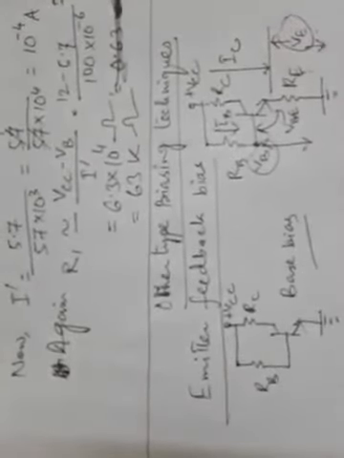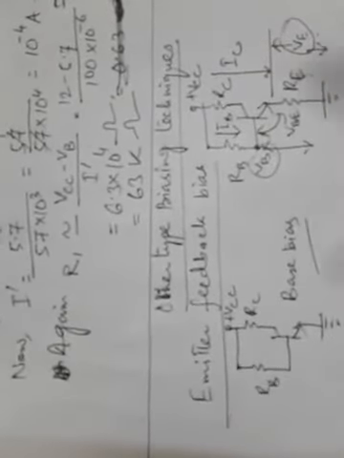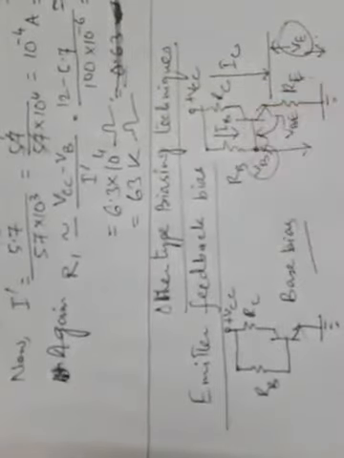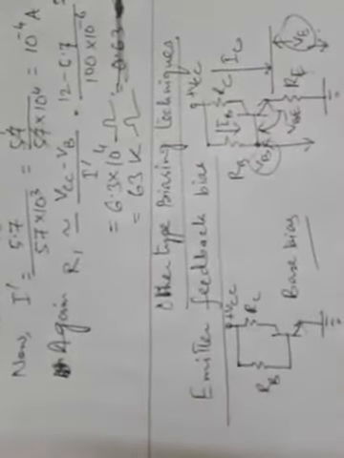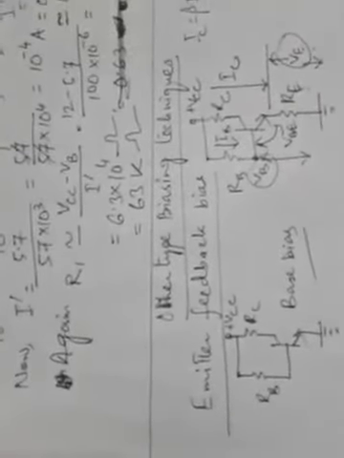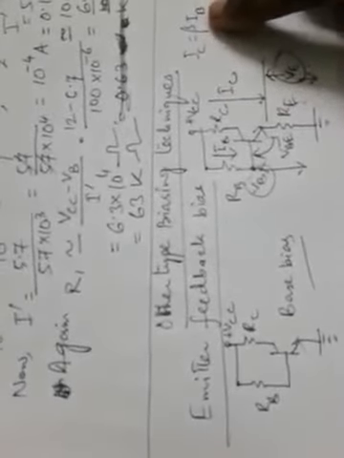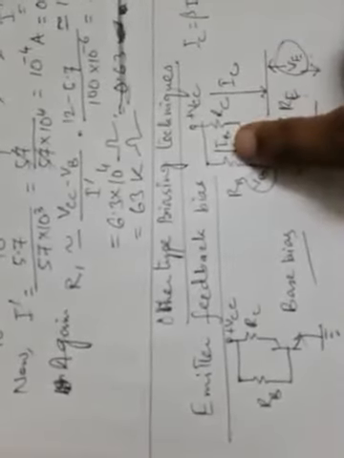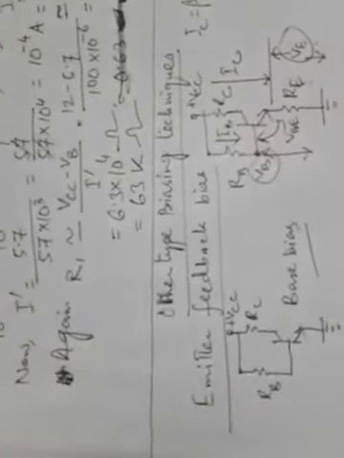These two phenomena will be conflicting in nature: IC increasing means IB decreasing. Why? Because IC and IB are related by the relation IC equal to beta IB. So if IC is increased, IB should also increase, but here we can see that IB is getting decreased actually. So it is conflicting in nature.